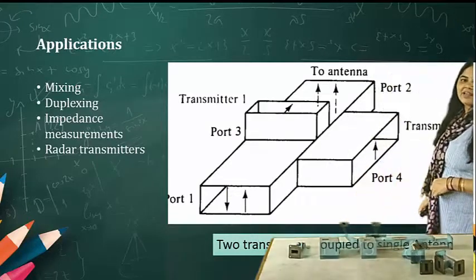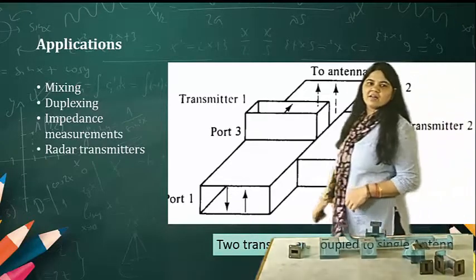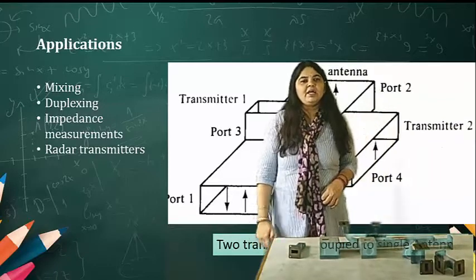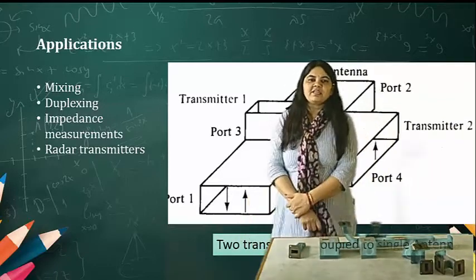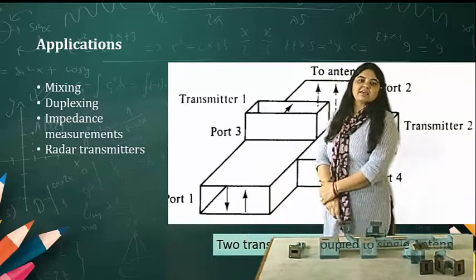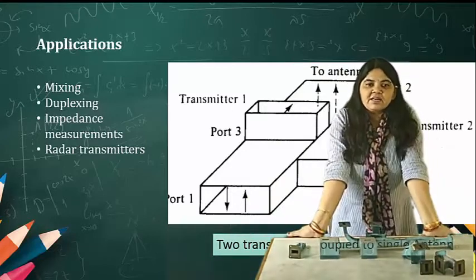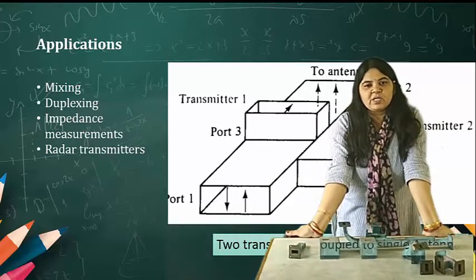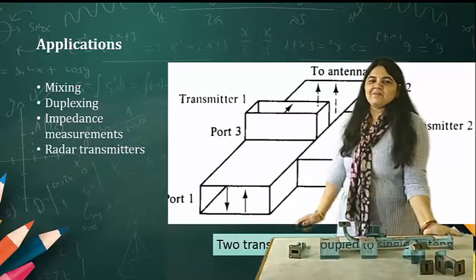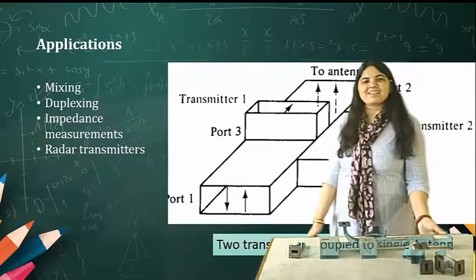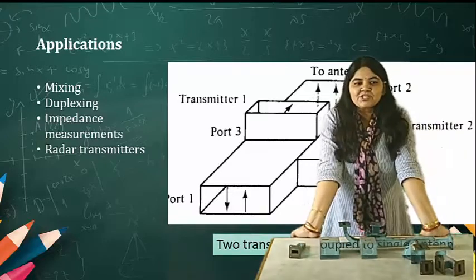So this way we have the component, the magic T, and here you can see the applications of the magic T: multiplexing, duplexing, impedance measurements, and radar transmitters. So the magic T is used in many applications.